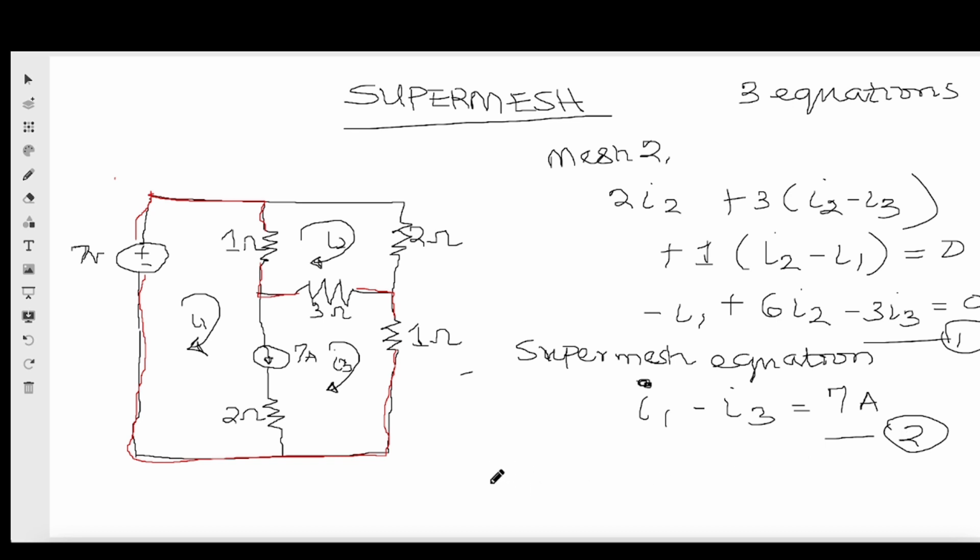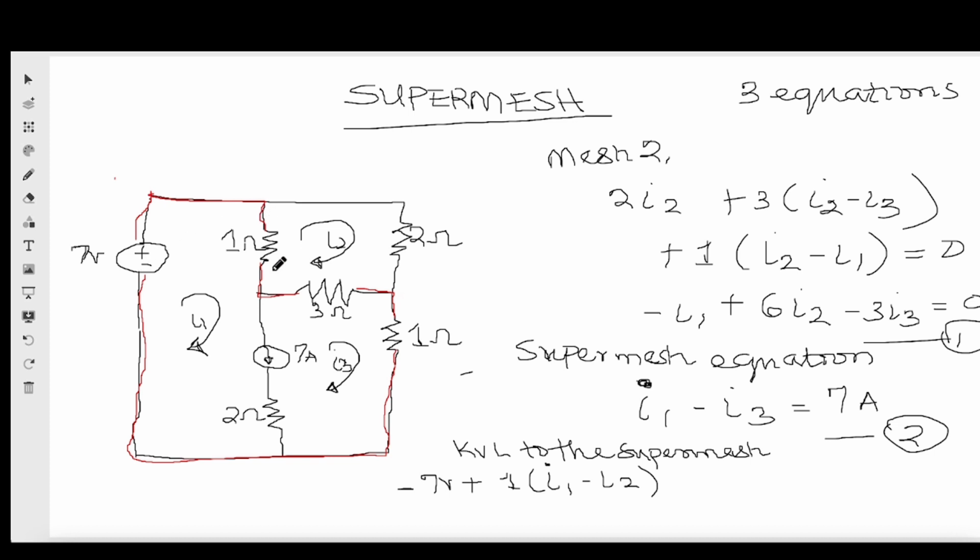Then applying KVL to the super mesh. From the 7 volts here, you can see that it will enter into the negative, so we have minus 7 volts. Then when it gets to the 1 ohm, it will be plus 1 into bracket I1 minus I2. Then when it gets here, it goes through 3.